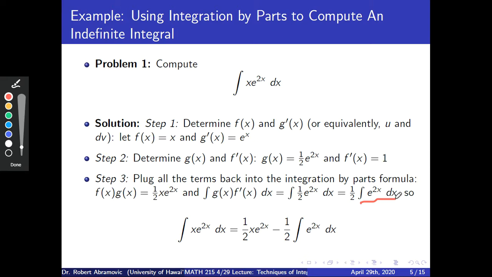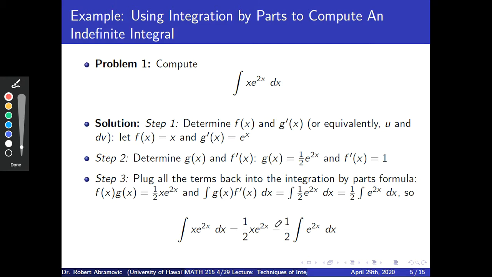So the antiderivative, or indefinite integral, of x times e to the 2x is equal to 1/2 x e to the 2x. This is the product of the two functions f and g, minus, so now what happened, we pulled the derivative off e to the 2x and placed it on x.